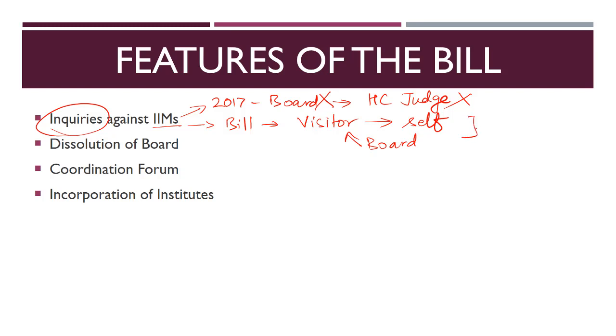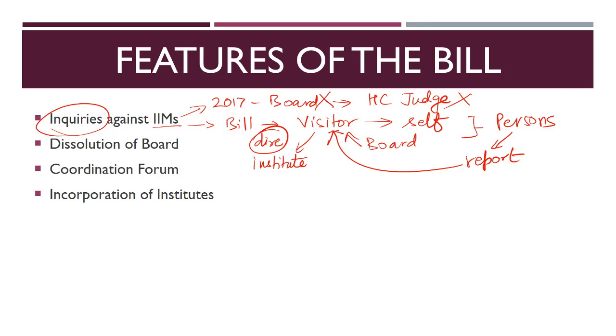Also, the visitor will appoint any person whom the visitor deems fit to conduct this inquiry, and whatever report this person gives will be given to the visitor, and whatever directions are issued by the visitor to the institute are binding. The person gives a report that this is wrong, and the visitor then issues directions to correct it.